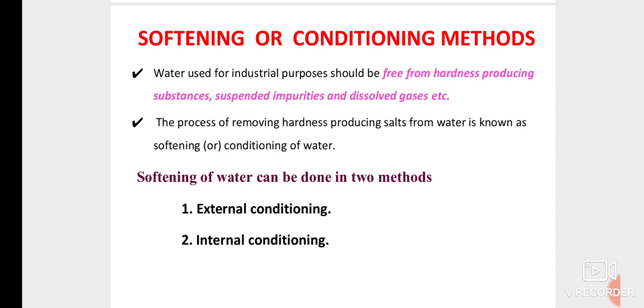External conditioning means that before the water is fed into the boiler, we remove all types of impurities from the water. That is called external treatment. If chemicals are added directly inside the boiler to remove the various impurities present in the water, that is called internal conditioning. Do you understand?